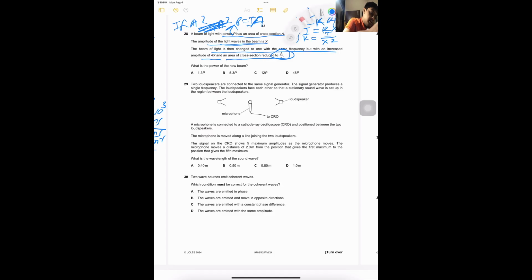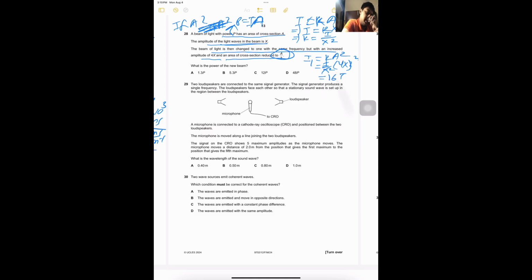For the next one, let's write I1 equals K A squared, where K is I by x squared, into 4x whole square. So the x squares would be cancelled, which will give you 16I.